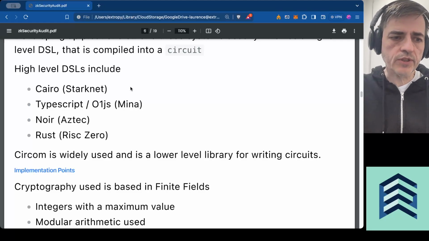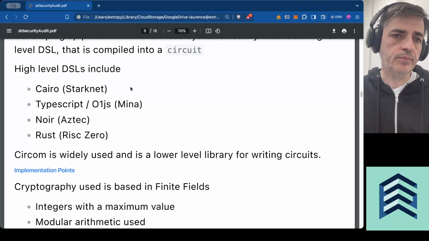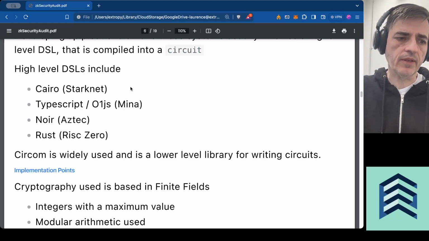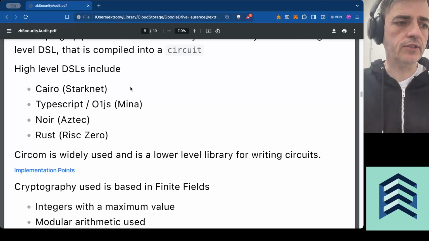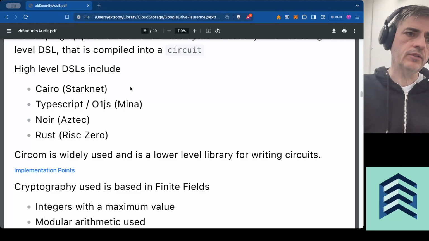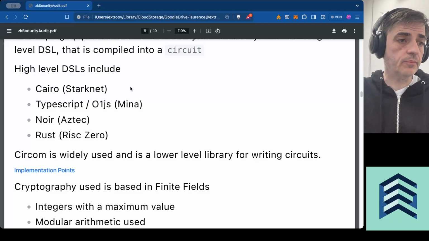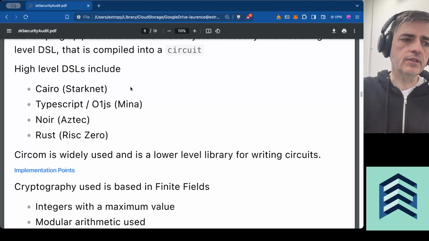This thing called a circuit is really a representation for checking the computation, and it's a transformation of the program that you have written, but it is transformed into something from which we can produce what are called constraints. So these are the checks in the system. These are the checks that are checking that the claim that the prover makes is in fact correct. But the circuit is a representation in which we can more easily check it.